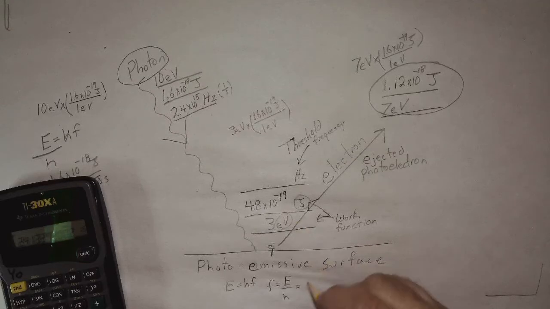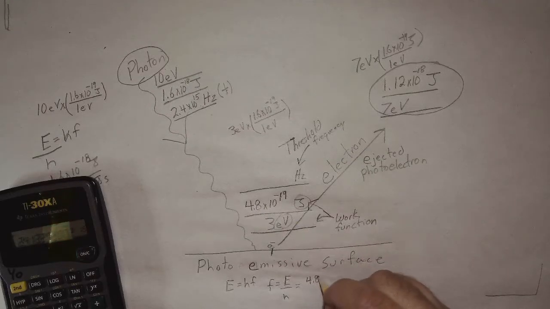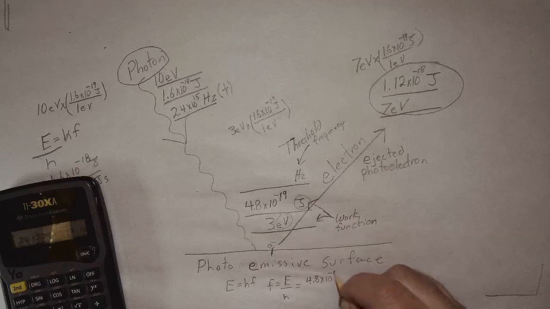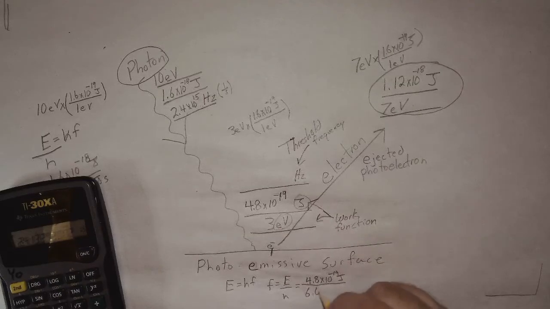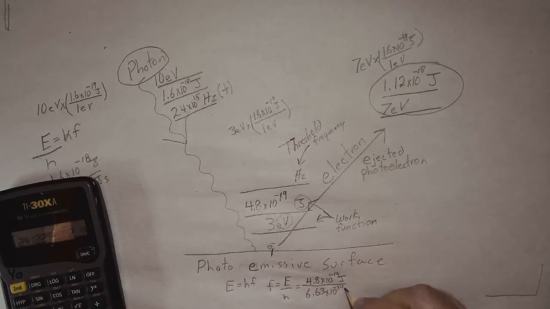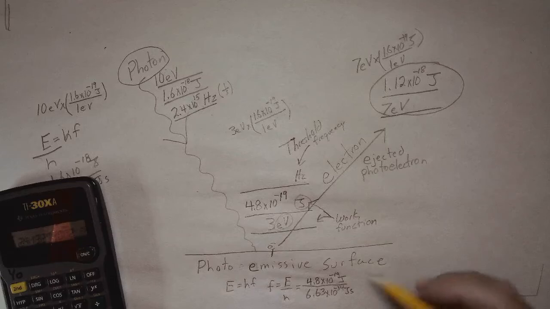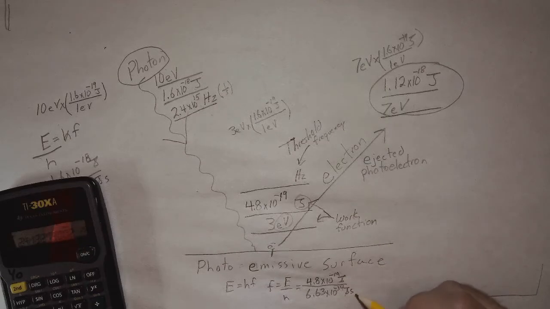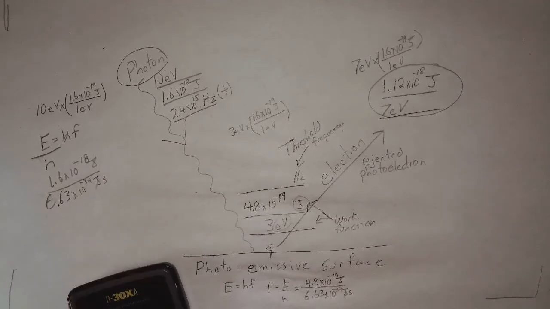And the energy we have is 4.8 times 10 to the minus 19th joules. We're dividing that by 6.63 times 10 to the minus 34th. That's Planck's constant, and that's joule seconds. The joules cancel, leaving us reciprocal seconds, so we know we're doing it right.